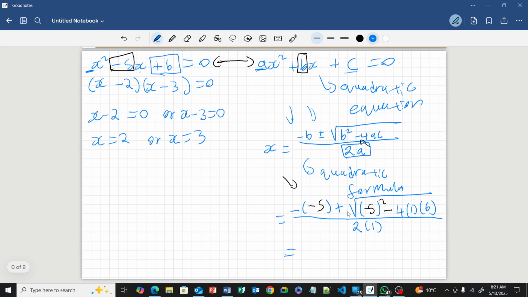So I will say minus into minus 5 plus the square root of minus 5 squared minus 4, 1, 6, over 2 times 1. So I get that my value of x is equal to 3. Remember, the value that we get here gives us the value of x. Or x will be equal to, then I swap the positive and substitute with the negative.